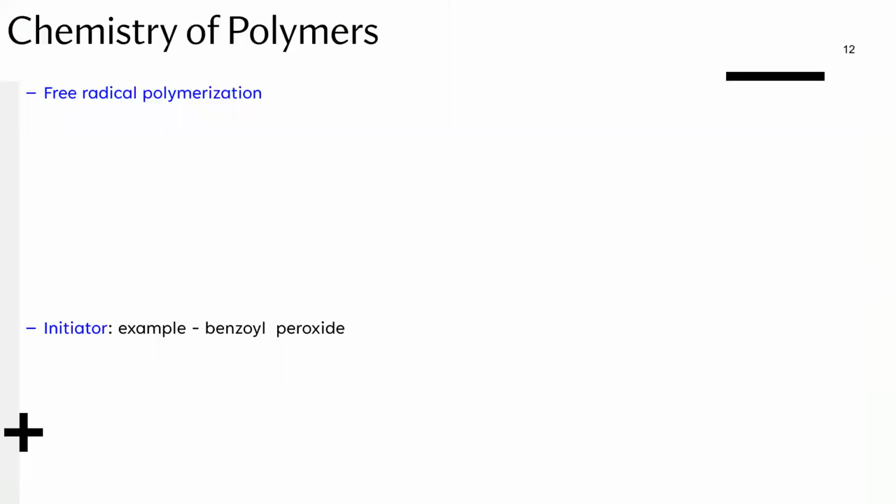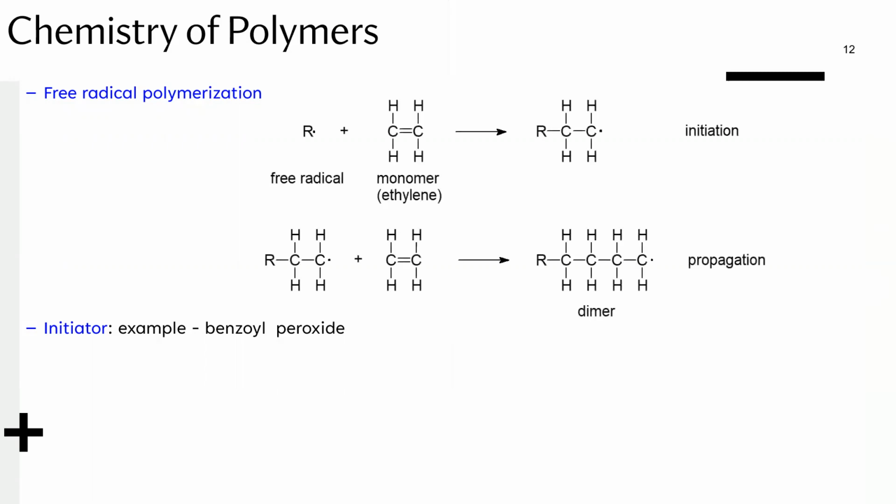We talked briefly about how we synthesize these long chain molecules, and one such method, which we use quite frequently, is free radical polymerization. In free radical polymerization, as we discussed, you have a free radical molecule that starts a cascade of reactions by breaking or opening the double bond in a monomer and forcing it to become a radical itself.